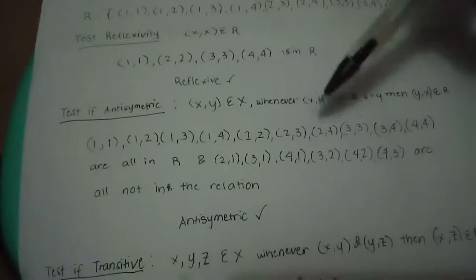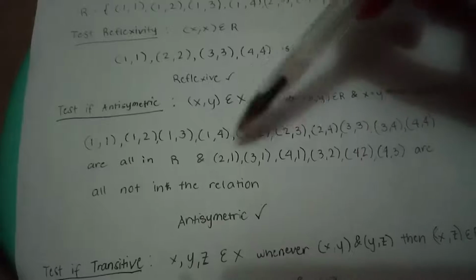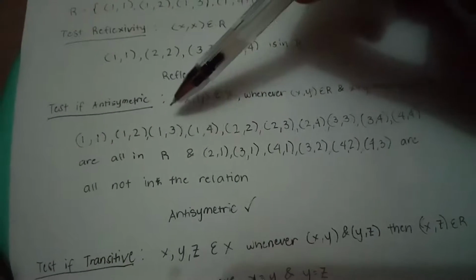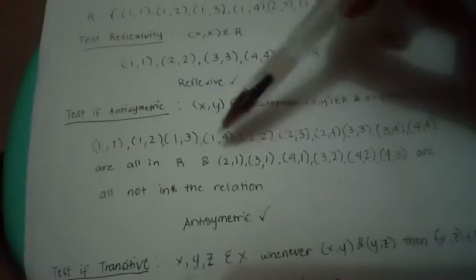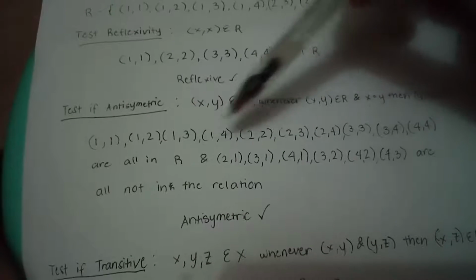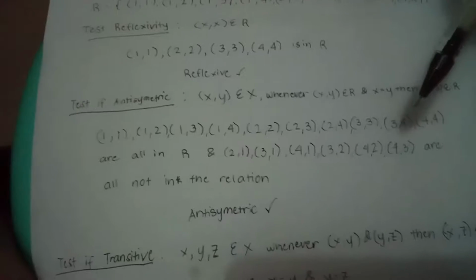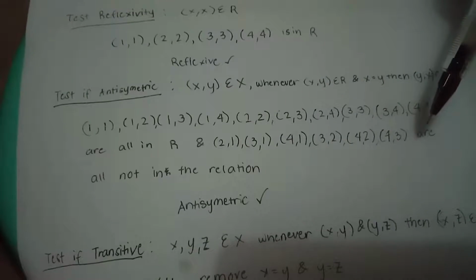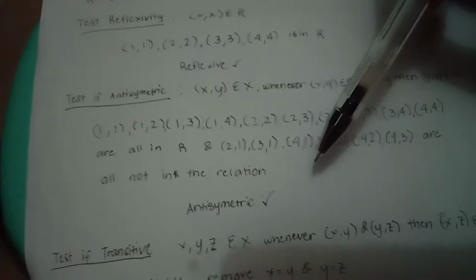Then yung (y, x), ito yun. Binaliktad lang siya yung ilang ordered pairs na nandito. Yung (1,2) naging (2,1), (1,3) naging (3,1), (1,4) naging (4,1), and so on and so forth. So, dahil ito part ng relation, then ito is hindi part ng relation, matatawag natin ito na antisymmetric, itong ating set or itong ating relation.